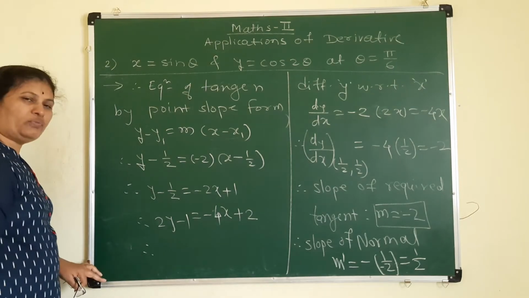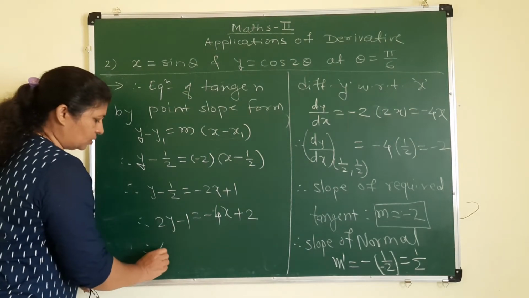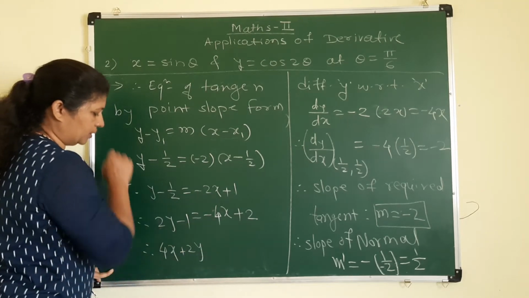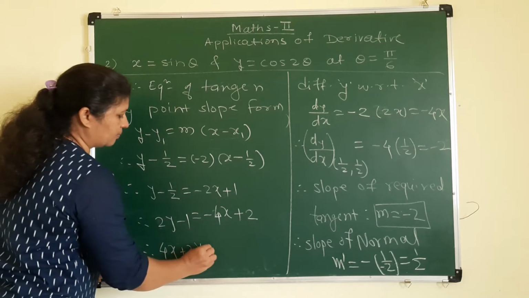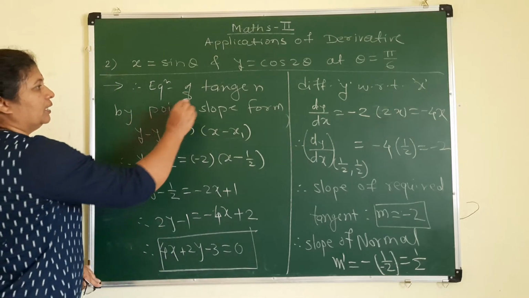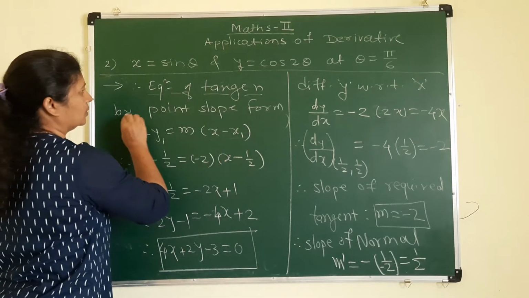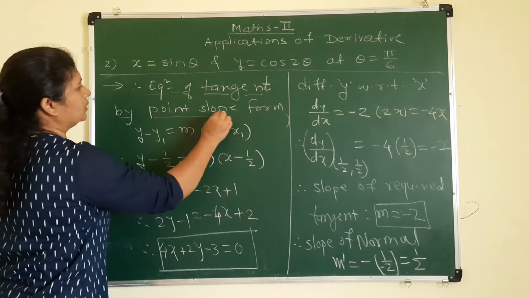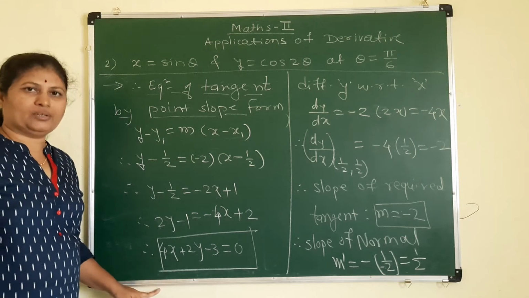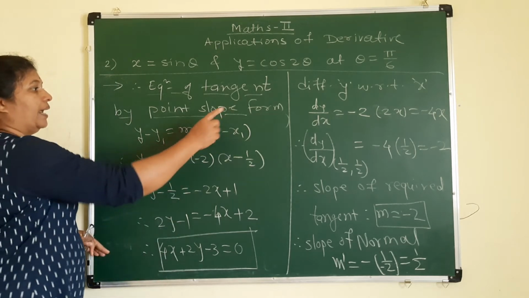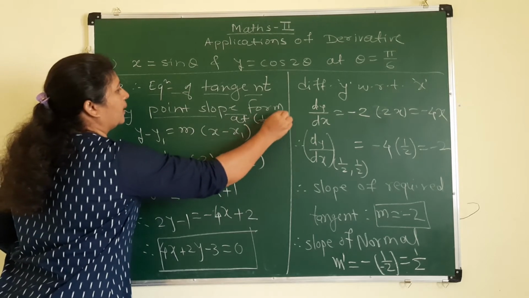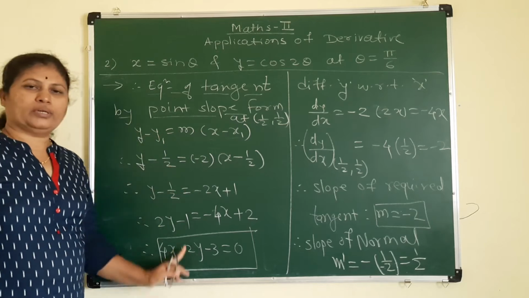Therefore the equation of tangent will be 4x plus 2y minus 2 minus 1, that is minus 3, equal to 0. So this is the equation of tangent by point slope form, at the point 1 by 2, 1 by 2.